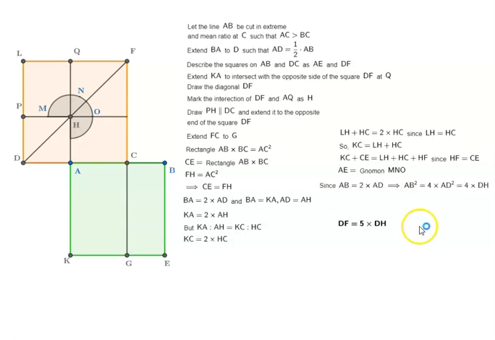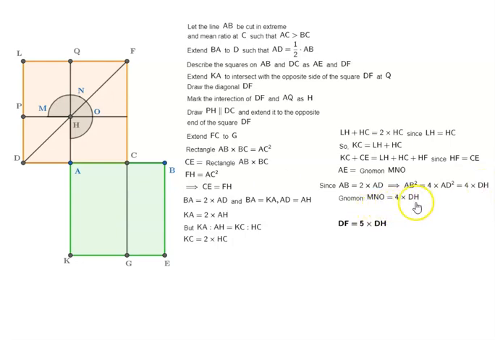Now, since AB is equal to 2 times AD, which means the square on AB is equal to 4 times the square on AD. Square on AD is nothing but DH. So we can say 4 times DH.